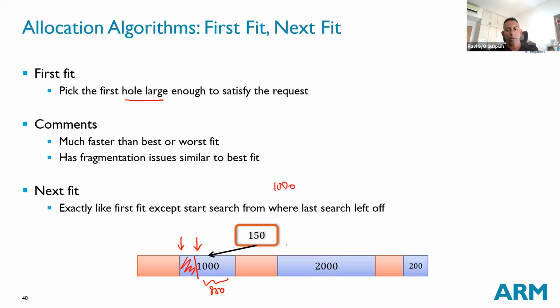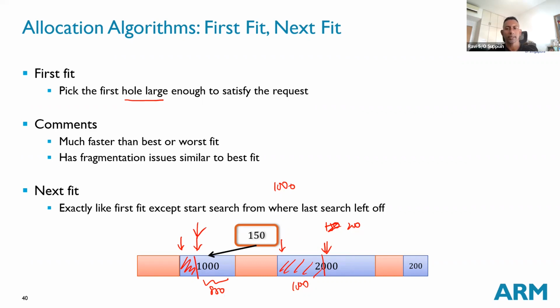This hole is not big enough, so I come here and allocate 1000, and then I point here. If my next request is 150 again, or maybe 200, in next fit I will always continue from where I left off, whereas in first fit, I go back to the first available hole and start again.